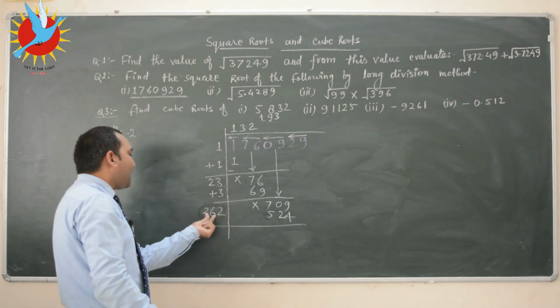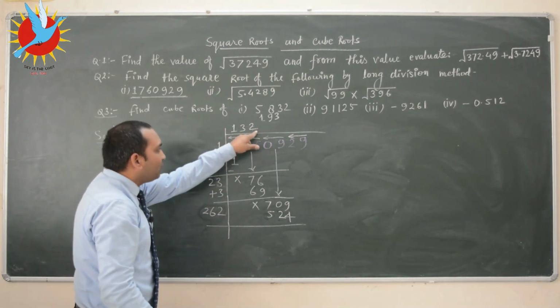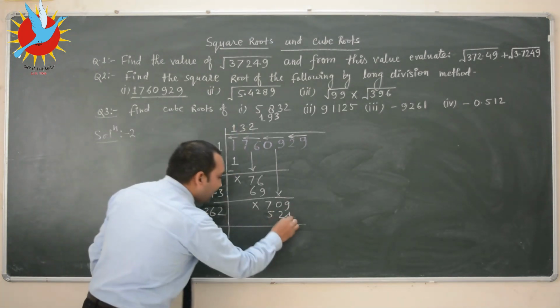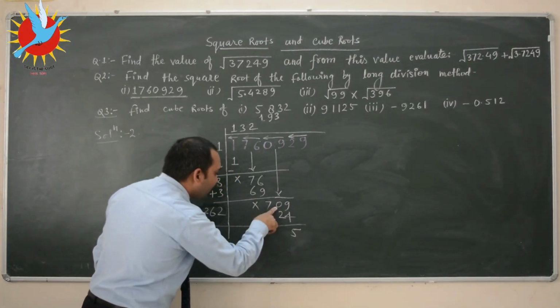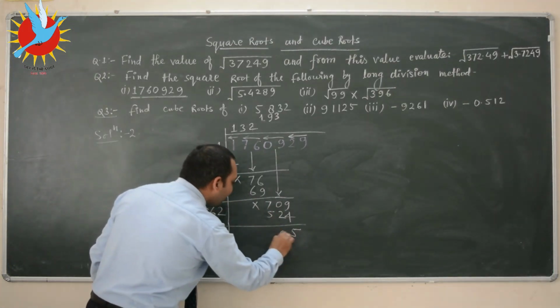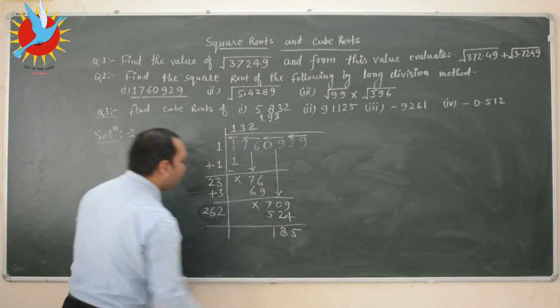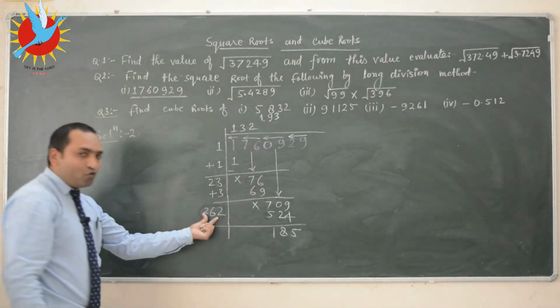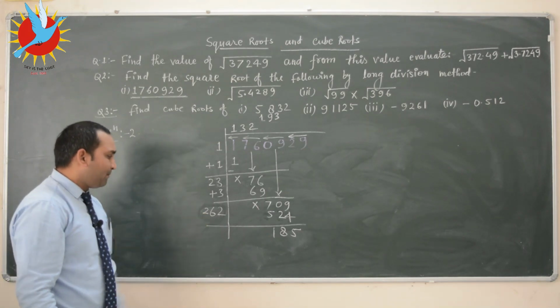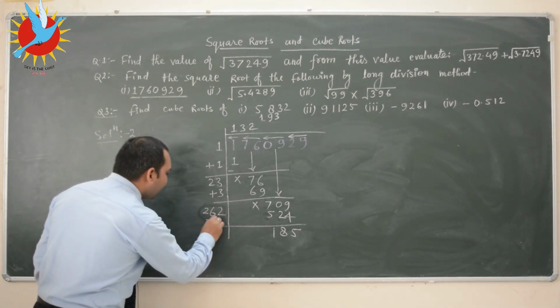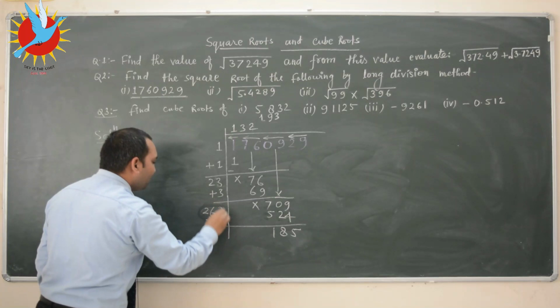Otherwise, we can multiply 263 into 3 times. So 9 minus 4 is 5. Here 10, 10 minus 2 is 8, and 6 minus 5 is 1. 185, which is less than 262. So now once again we add here the same number 2.